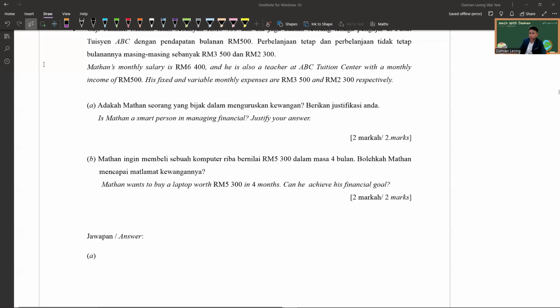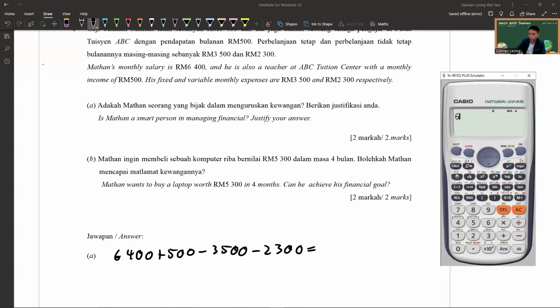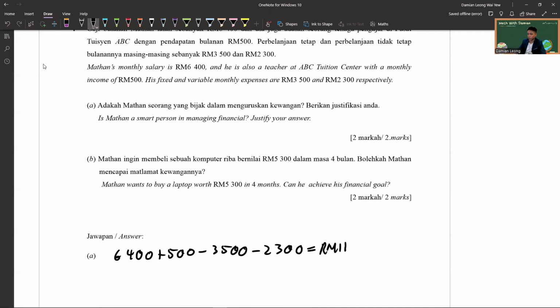So you see, monthly salary 6,400, extra income 500, means 6,400 plus 500 is his total income. We minus the expenses, 3,500 minus 2,300. Okay, count that first. 6,400 plus 500 minus 3,500 minus 2,300, we get 1,100 ringgit.